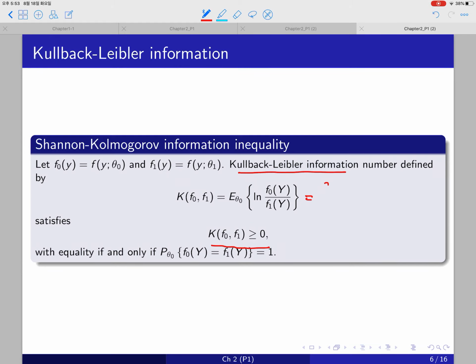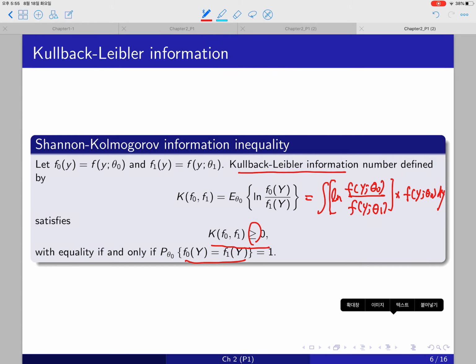It is the expectation of log of f(y; theta_0) over f(y; theta_1), evaluated with the expectation under the numerator density, not the denominator. It turns out that this is non-negative, and equality holds only when the ratio of f_1 and f_0 is equal to 1 with probability 1.